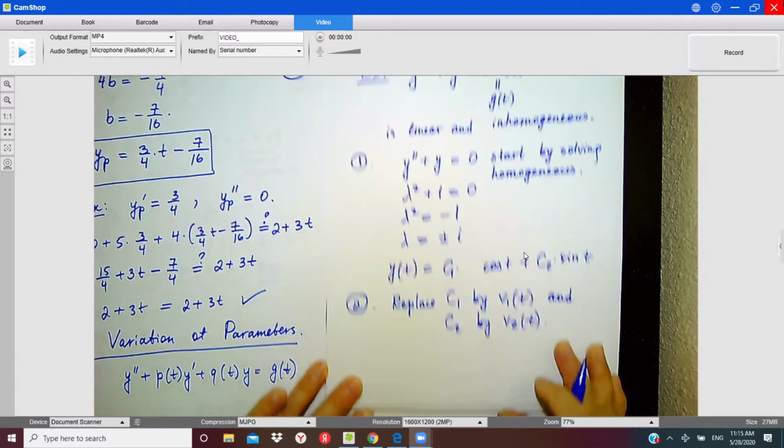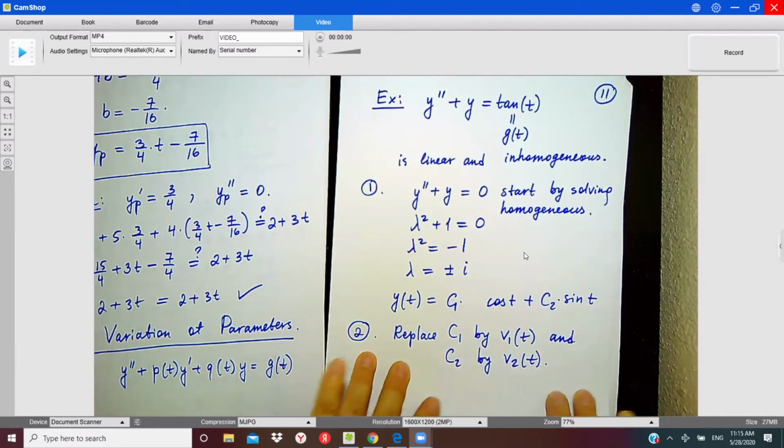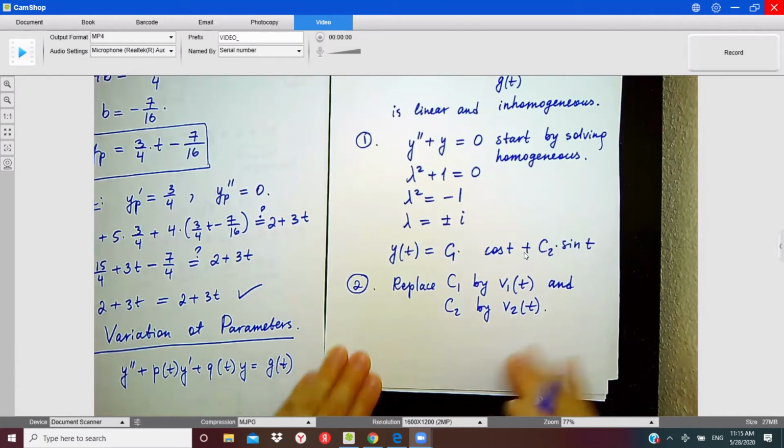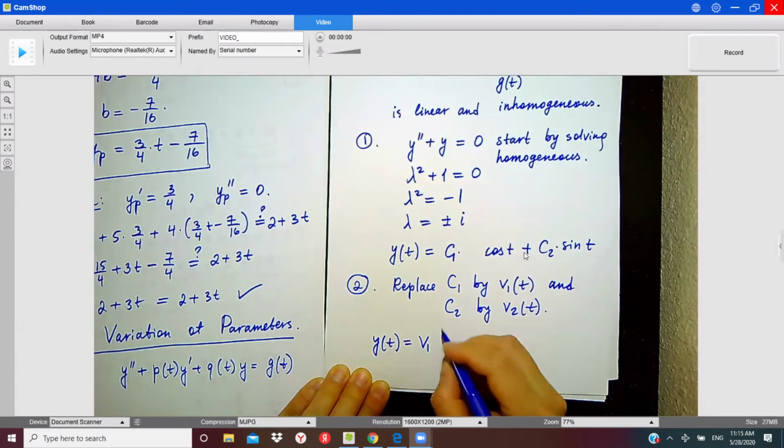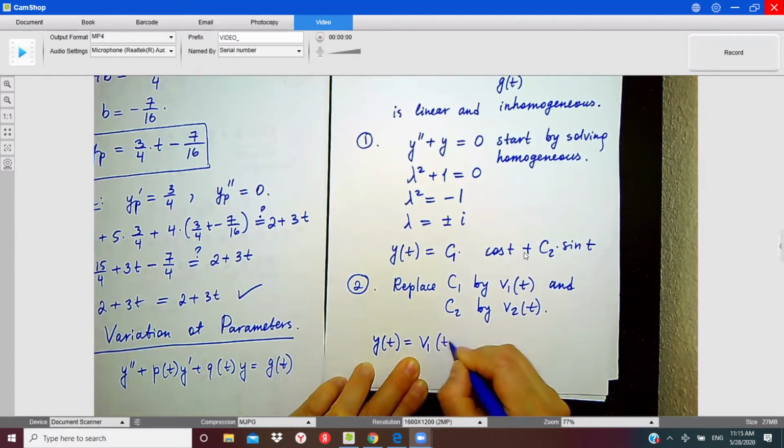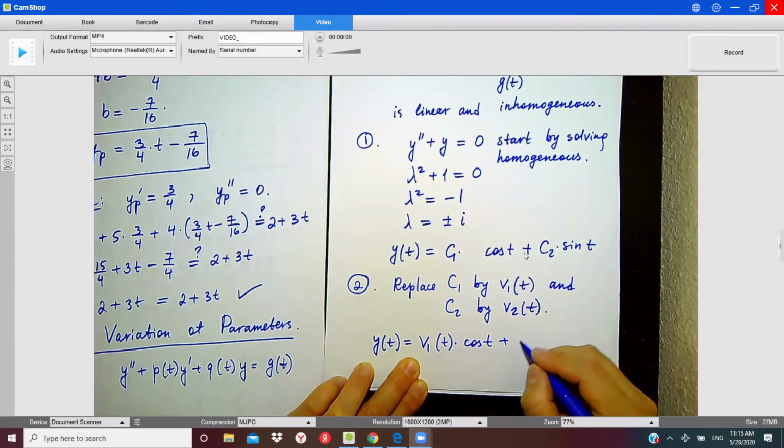So now instead of constants, we write y of t equals v sub 1 of t times cosine of t plus v sub 2 of t times sine of t.